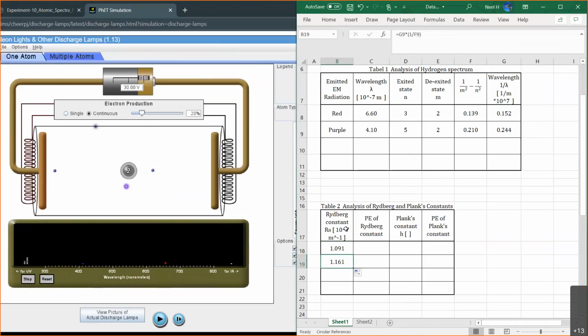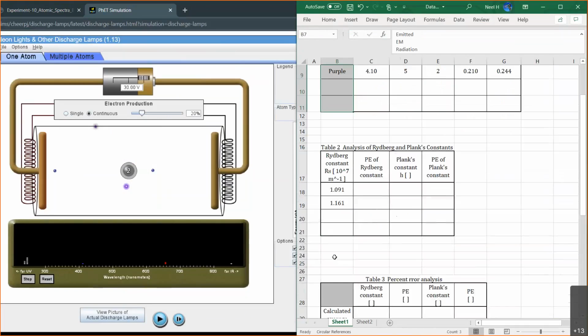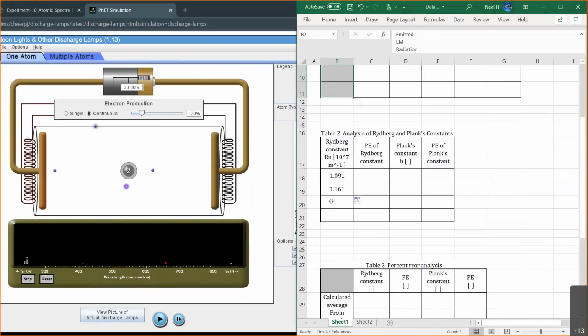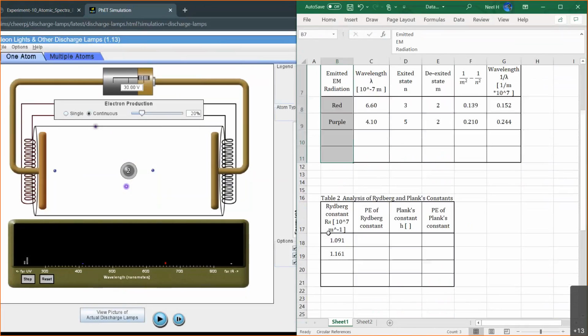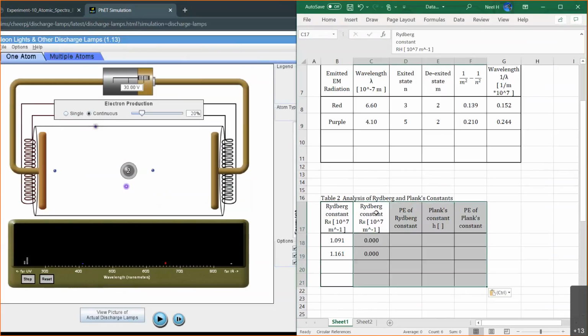One more thing we should do is record these EM radiation colors with this one also. Right here in the table, I forgot to put that column there. We should include that too, and that can be done easily if I shift this whole table one cell in this direction. I can add this column right here.